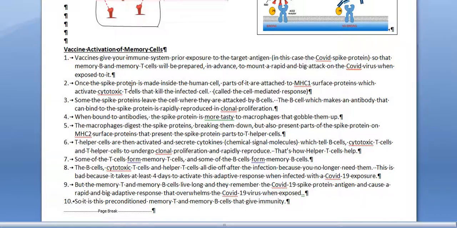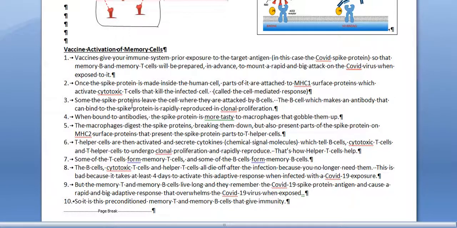Now, once a spike protein is made inside the human cell, parts of it are attached to major histocompatibility complex type 1 surface proteins, which activate cytotoxic T cells that kill the infected cell, called the cell-mediated response. All right, I went through this already.